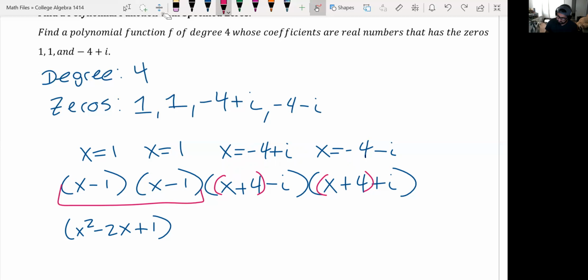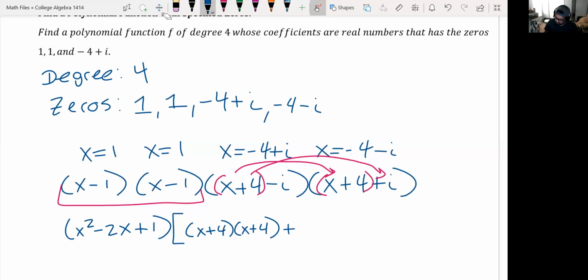So this means that this x plus 4 will multiply that x plus 4. So what we're going to get down below, I'm going to put a bracket to be neat, is x plus 4 times x plus 4. And then do x plus 4 times positive i, which means you'll get i times x plus 4.